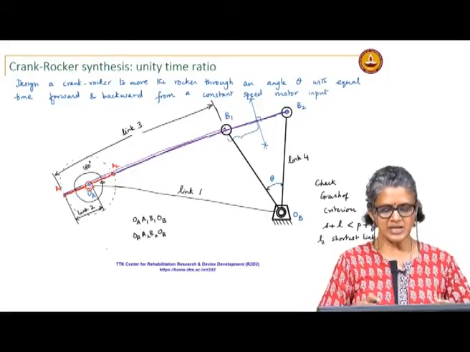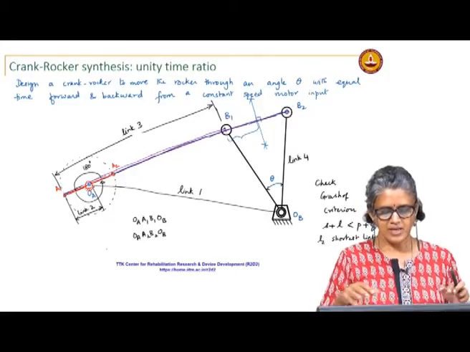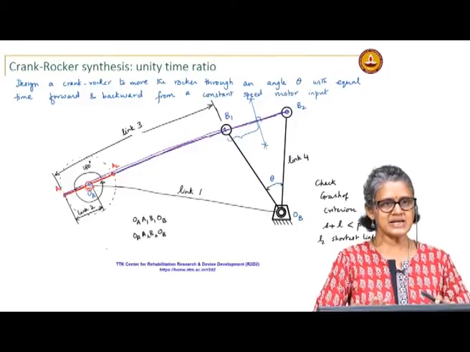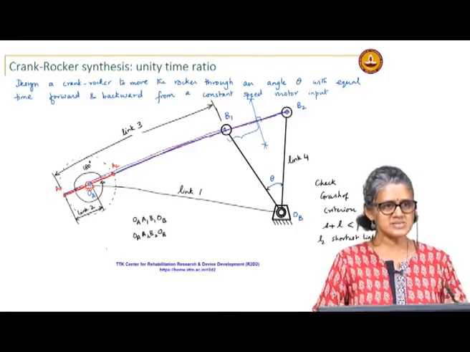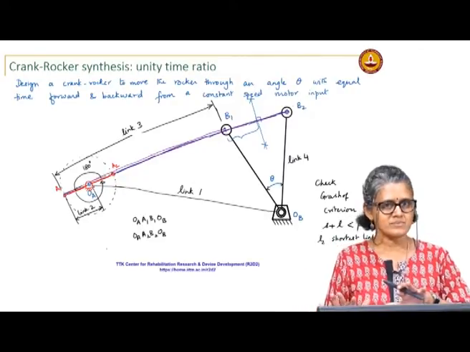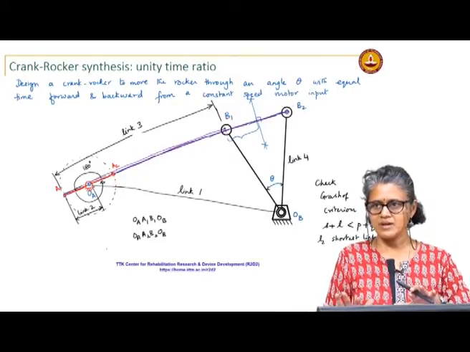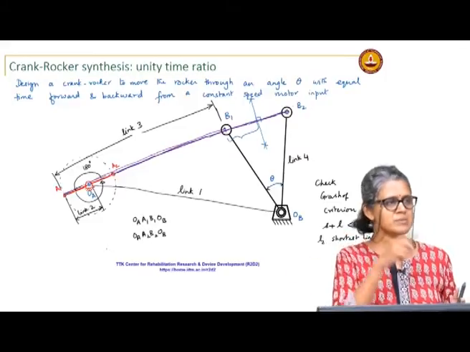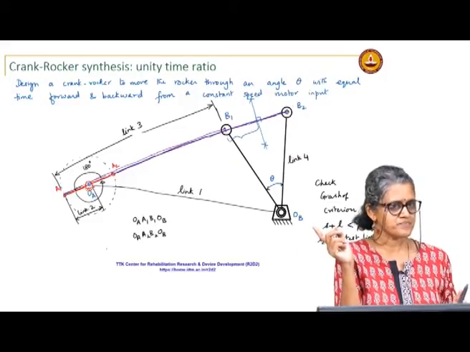You can see here that if I take this entire linkage, I have these link lengths assembled like this. If I orient it anywhere in the plane, in any which way, I will still get the same input output relationship.